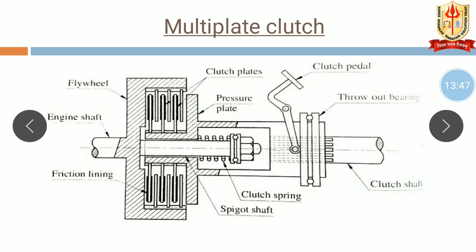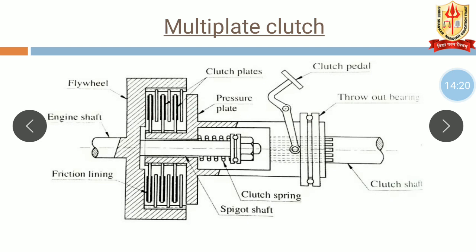For example, when we are using a clutch in bikes, we don't have larger space to be fitted, so we use a multi-plate clutch, but the amount of power we require is the same. So for getting that power, we have increased the number of plates so as to gain the same frictional power as a single plate clutch. But the size of the single plate clutch and multi-plate clutch is going to be different.